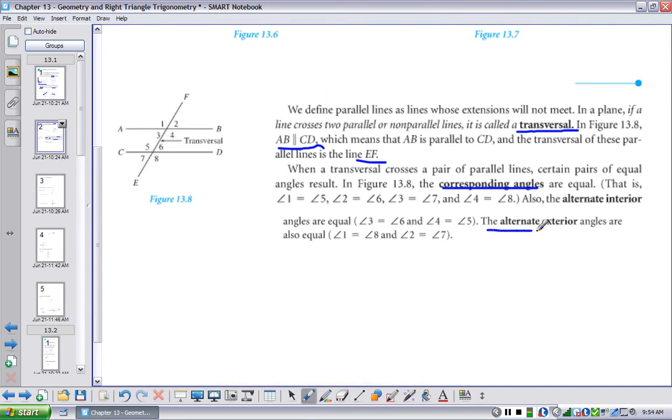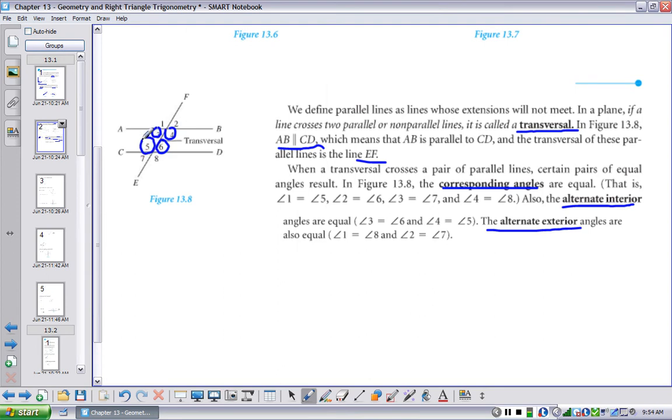Now we also have alternate interior angles. And by the way, corresponding angles are equal. Alternate exterior, well, let's look at alternate interior first. Angles 3 and 6 are alternate interior. Notice that they are inside the two parallel lines. Those are equal. As well as angle 4 and angle 5.